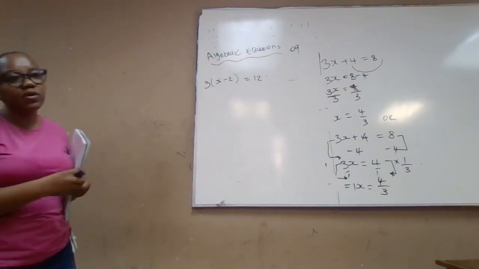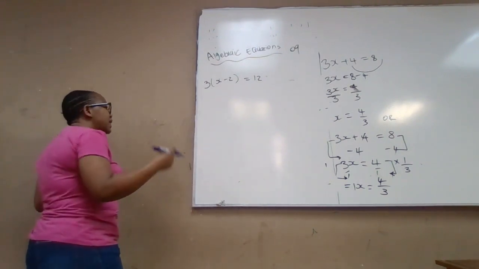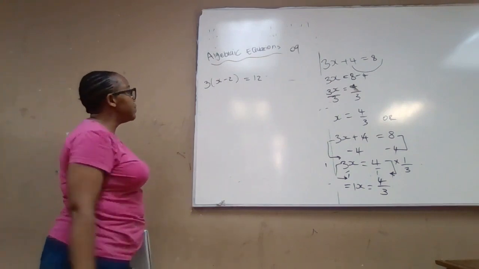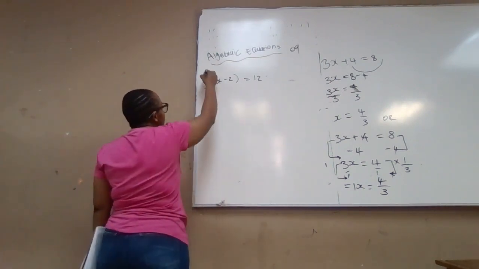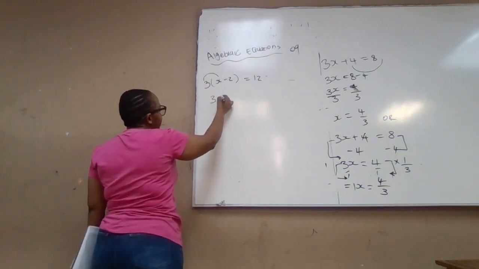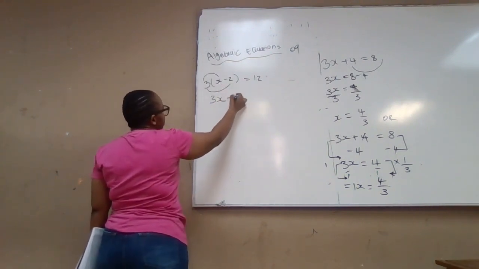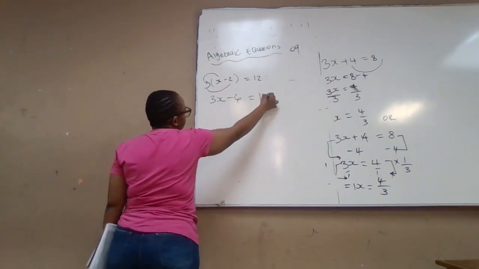When you have a bracket, you apply BODMAS, and BODMAS says deal with the bracket first, using the distribution property. So we're going to say 3 times x, 3x, 3 times minus 2, negative 6, equals 12.